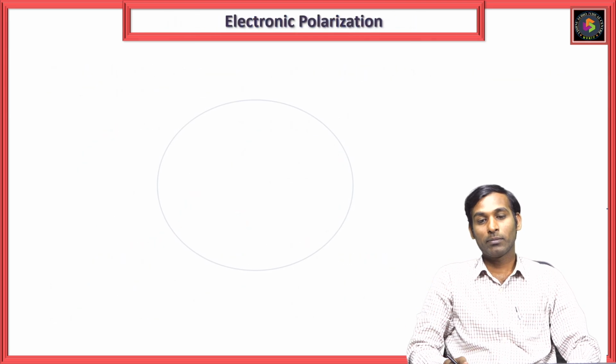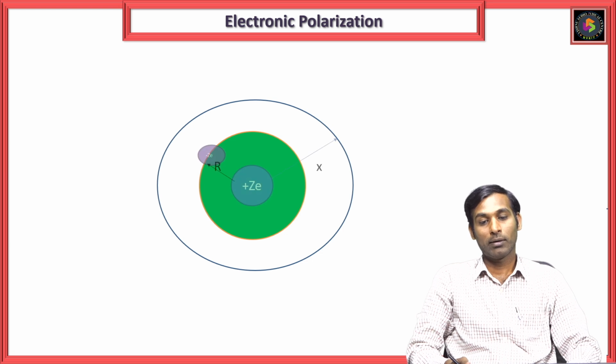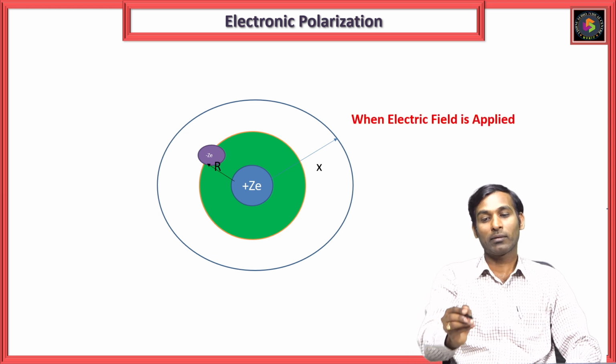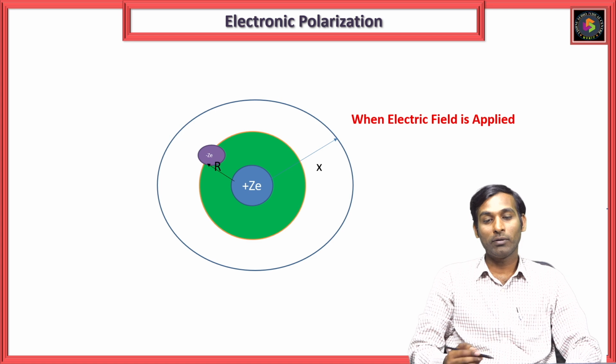Coming to the derivation, we have charge Ze, electron cloud minus Ze, and the sphere of radius r. x is the displacement. When the electric field is applied, the position changes.